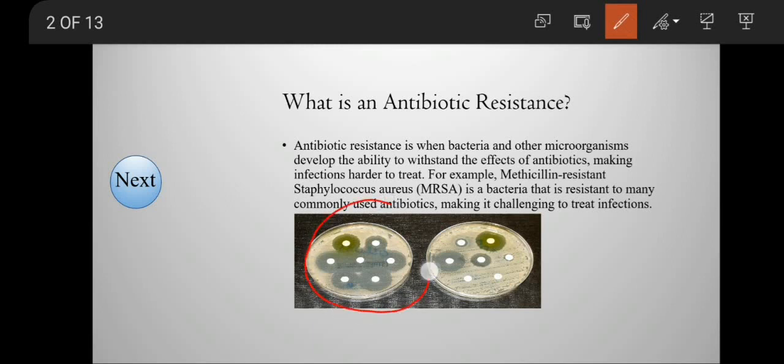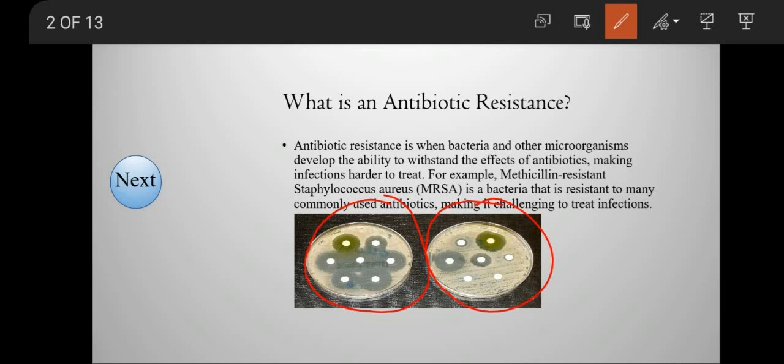Like in the first plate, as you can observe, we have placed many antibiotic discs, and the colonies of bacteria are sensitive to these antibiotic discs, and we can observe many zones of inhibition. But in the second plate, we have only a few zones of inhibition, and the rest of the antibiotic discs are not faulty.